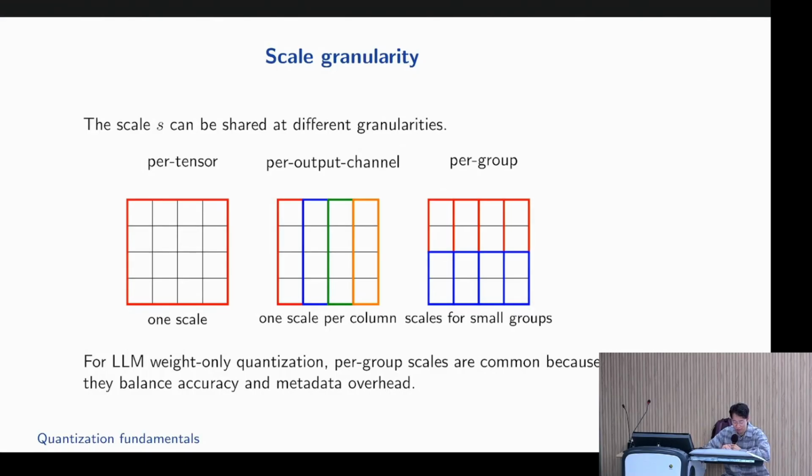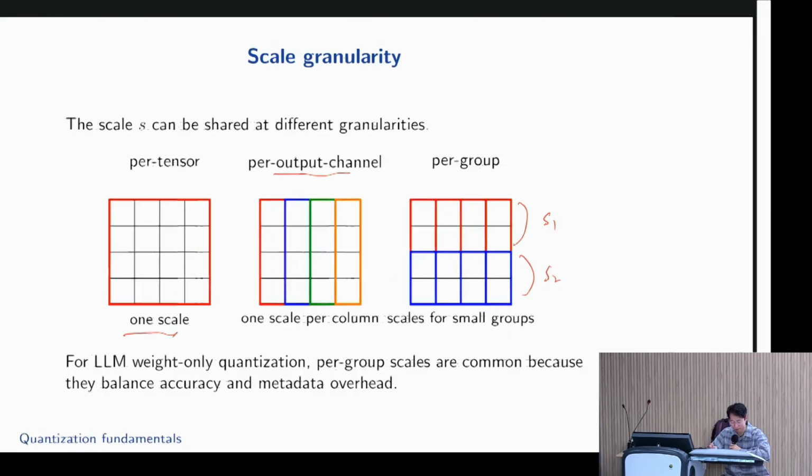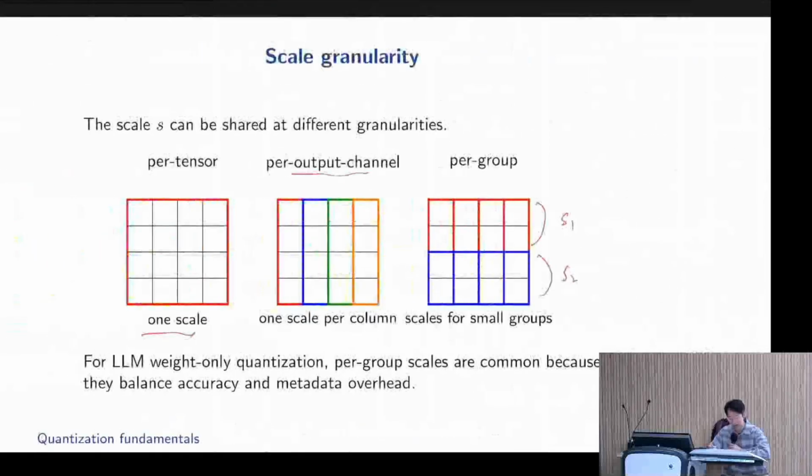You could have as simple as per tensor scale, or you could group it by output channel, or define your own groups where these have different scales. And there are many different practices. We're going to generalize this notion later.